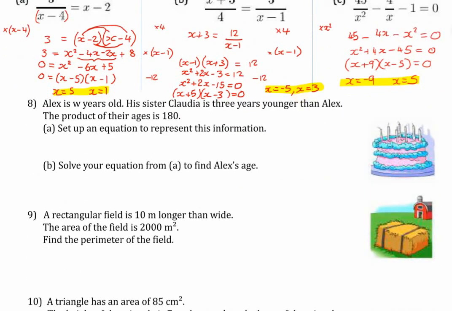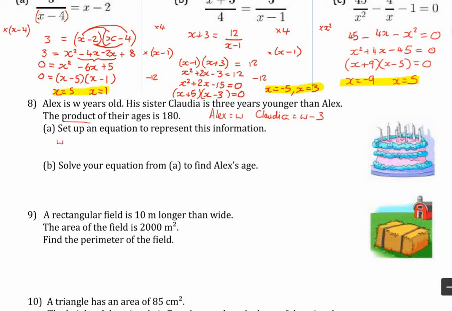Alex is w years old. His sister Claudia is 3 years younger than Alex. So Alex is w. Claudia is w minus 3. The product of their ages is 180. So product means multiplication.